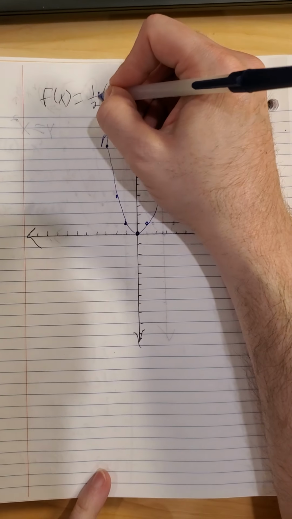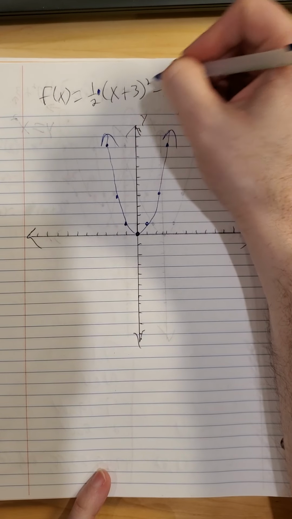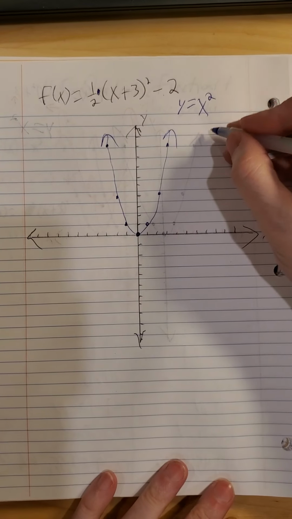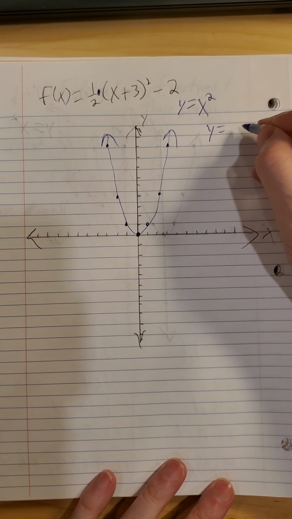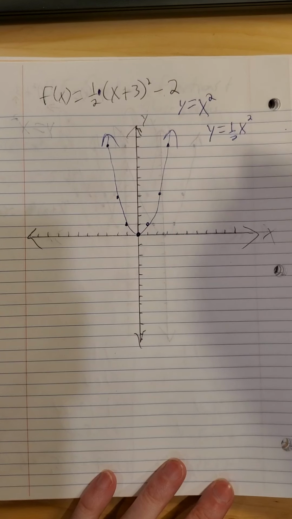Again, we have multiplication versus adding and subtracting. Multiplication is higher up the list. So the second thing that I'm going to graph is y is 1/2 times x squared.